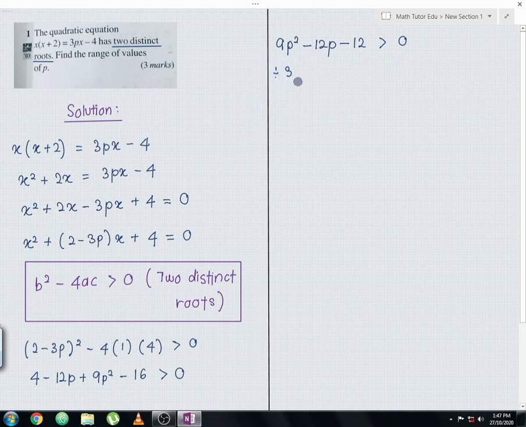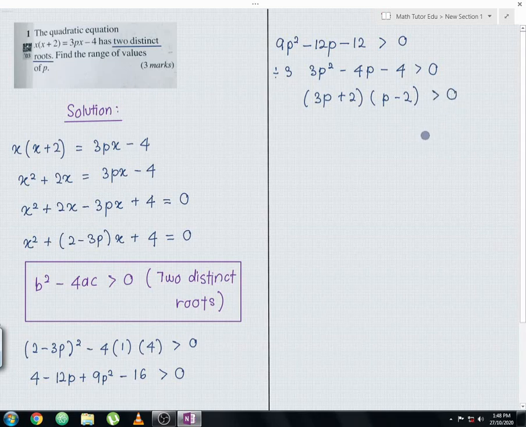You divide the whole equation by 3. So from here you get 3p squared - 4p - 4 > 0. Okay, so you calculate this quadratic equation by factoring. So from here (3p + 2)(p - 2) > 0.